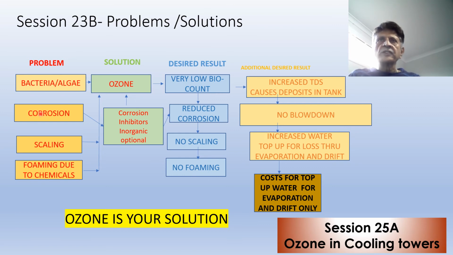If you have a corrosion issue, you can, if you are really concerned, use inorganic corrosion inhibitors, which is generally not required. But with ozone, there will be much reduced corrosion. There's no scaling, no foaming.